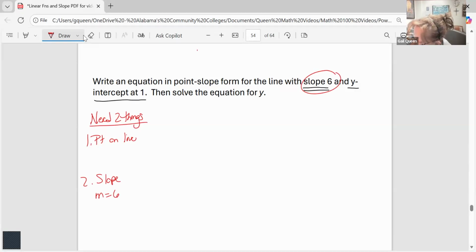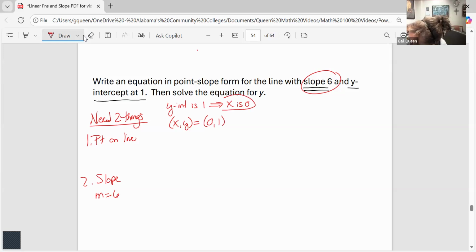Here, though, they tell me that the y-intercept is 1. What does the y-intercept mean? Y-intercept means that the x-coordinate is 0. If you want to know the y-intercept, you've got to let x equal 0. What they're really telling you here is that the ordered pair that you are working with is the ordered pair (0, 1).